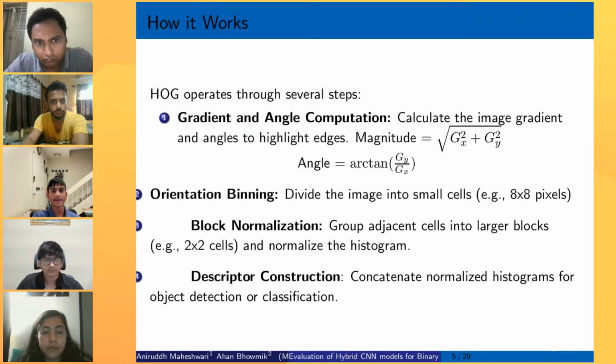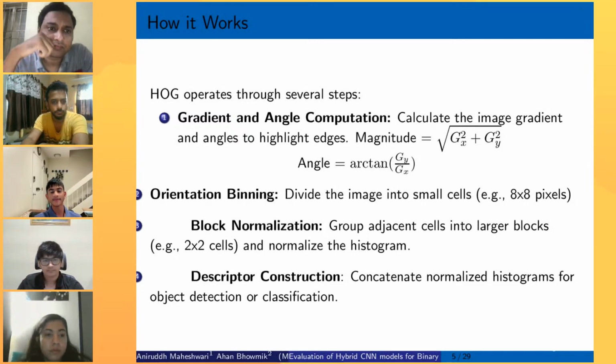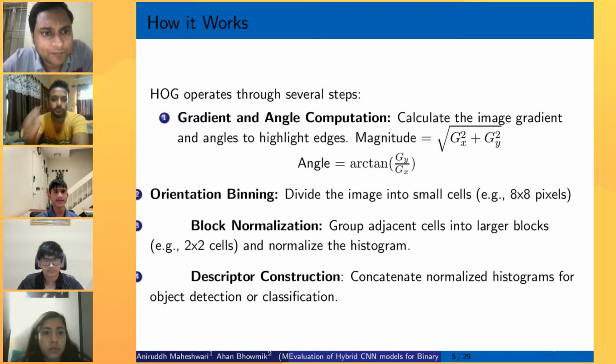For example, if we have a pixel with a magnitude of 100 and the angle value is 20, based on the angle value and the magnitude value, we assign different numbers to each of the bins. After going through every single pixel, we add up all the values in the bins, and we construct a normalized histogram for this. We also do something called block normalization, which essentially keeps it invariant to brightness and other factors. Next slide.